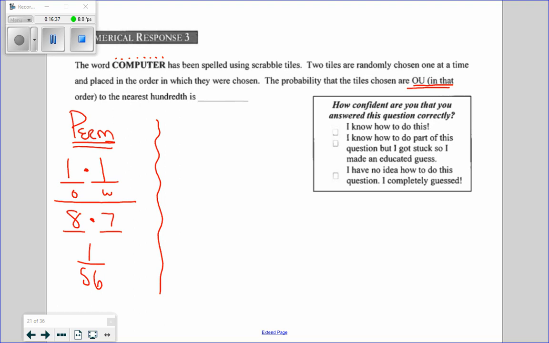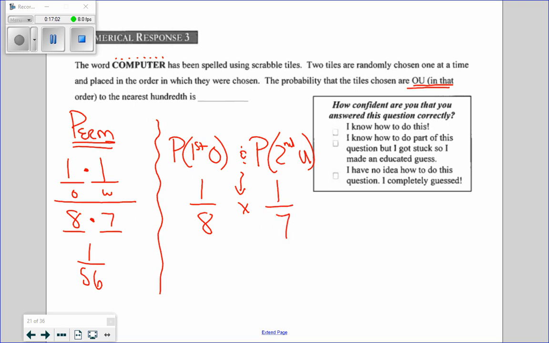The other way you could do this is to do it this way. The probability that the first letter is O and the probability that the second letter is U. Well, you've got a 1 in 8 shot of the first letter being an O, and means times a 1 in 7 shot that the second letter is a U, because you haven't put the first tile back. 1 over 8 times 1 over 7 gives you the exact same answer.